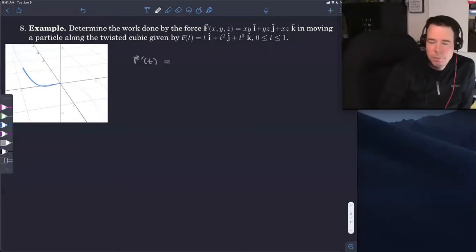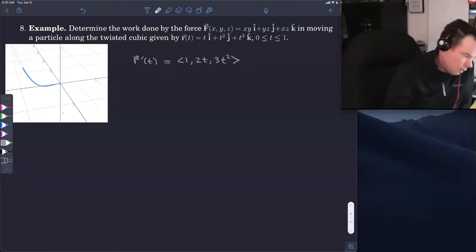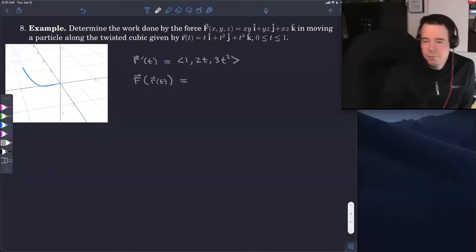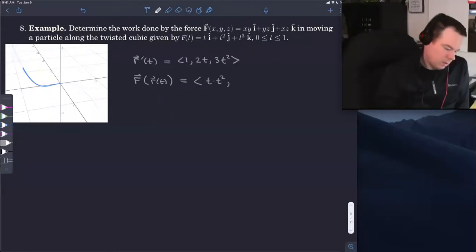We're going to need to know r prime of t, because we're going to have to dot that with the force field. So this is 1, 2t, and 3t squared. We're also going to need to know F of r of t. So this is our function F evaluated at points on the curve. So x times y is our first component. And so I look at my function r, x times y is my first component.